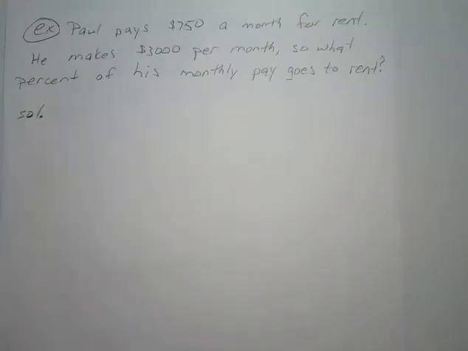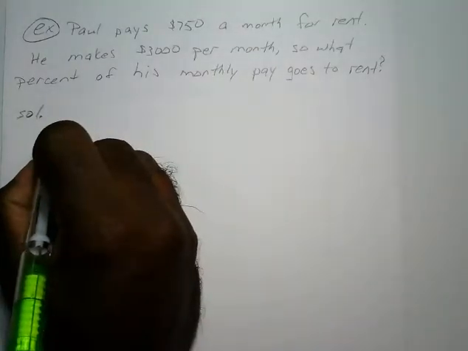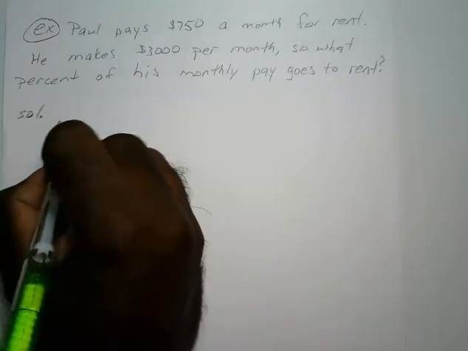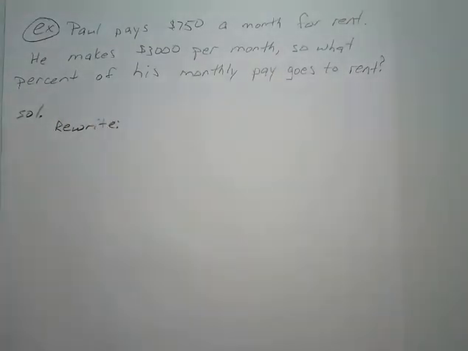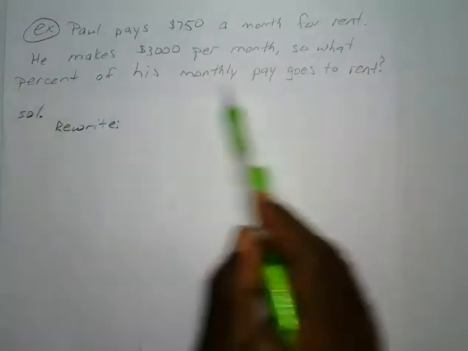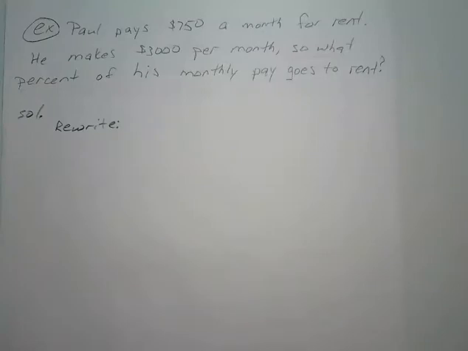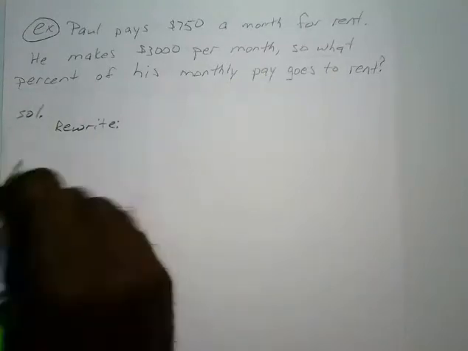Okay, so the way I approach this is I rewrite it in the same way that we had it before. And remember, look at the last part. What percent of his monthly pay goes to rent? That's what you're looking for.